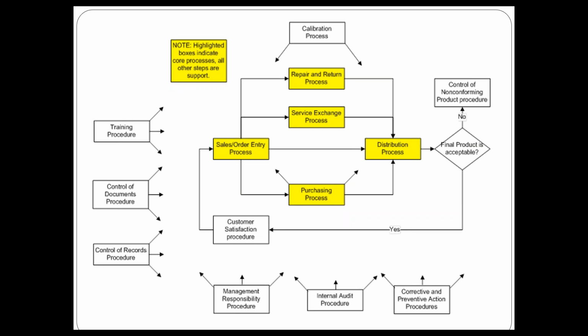In our audit program management, this would be drawn up as a grand total of 6 activities, 5 core, and then the collected support. Again, you'll note the unique nature of the process names called out here. We have a process called repair and return. We have a distribution process, a service exchange process. This particular company obviously put quite a bit of thought into what are the processes that make up our quality management system.